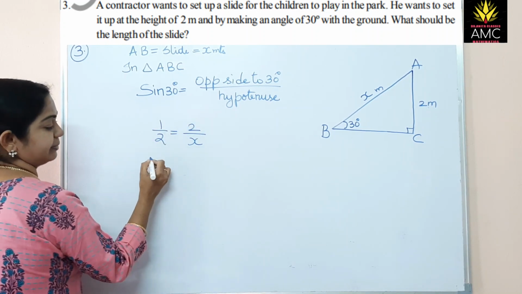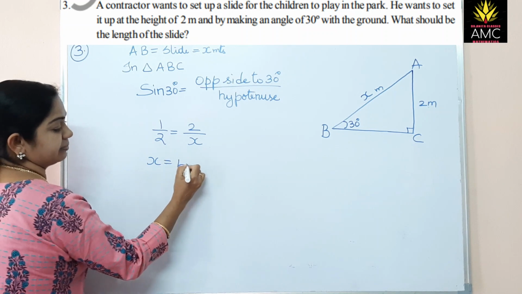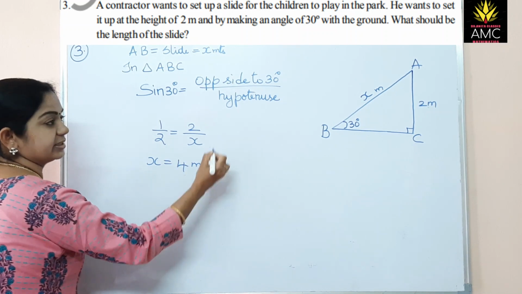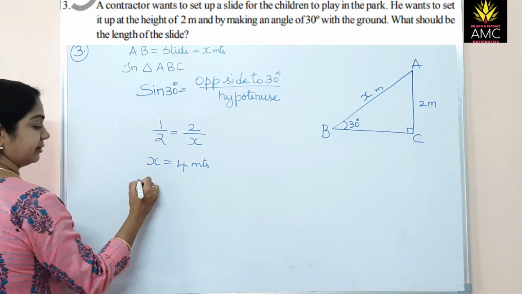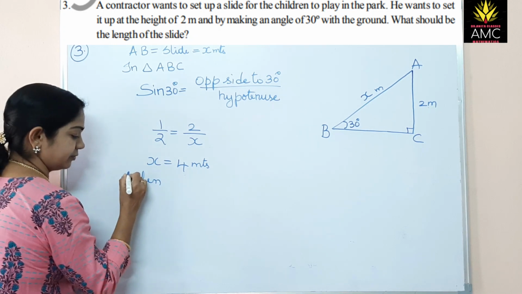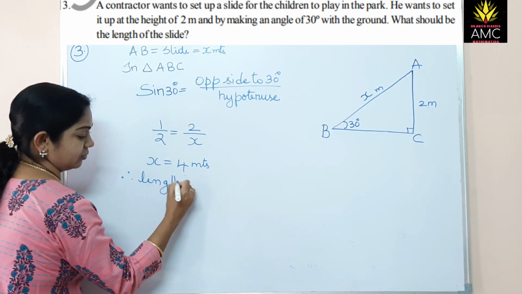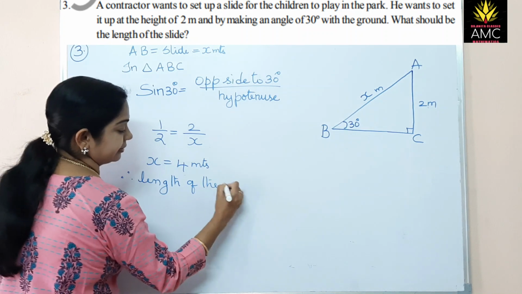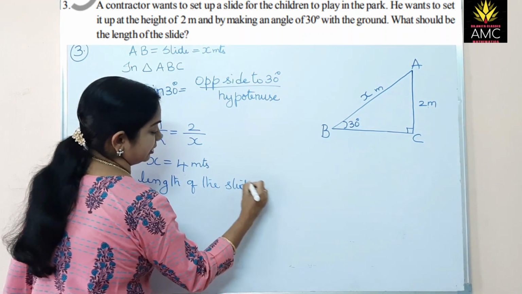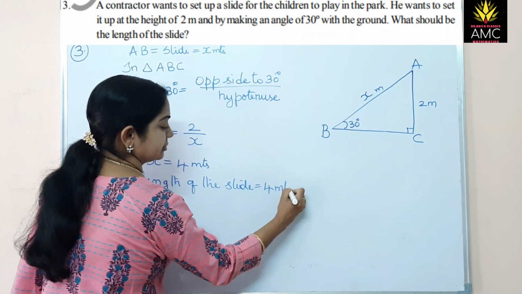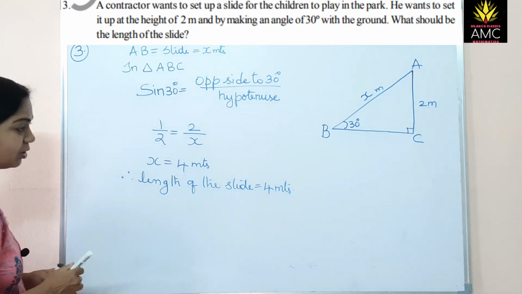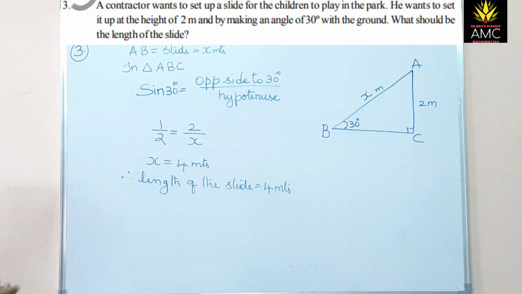So cross multiplying, x into 1 is x, equal to simply 4. So 4 meters is the length of the slide. Therefore, length of the slide simply is equal to 4 meters. Pause the video and note it down, or just take a screenshot. Let's see the next problem.